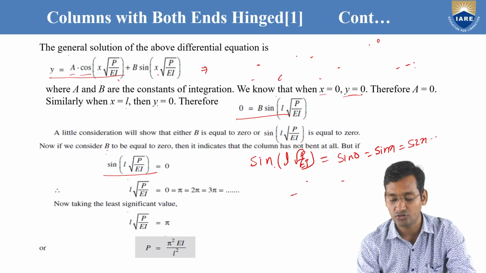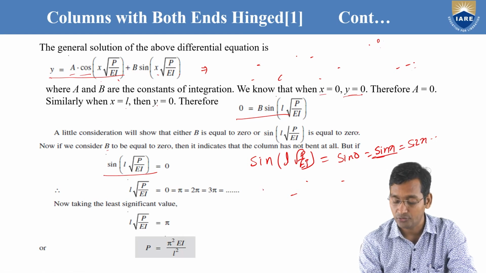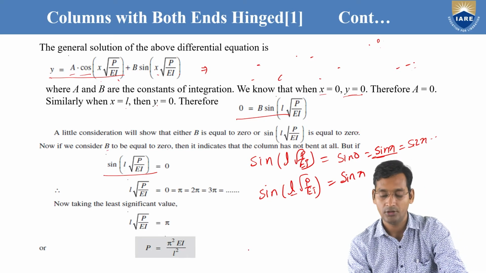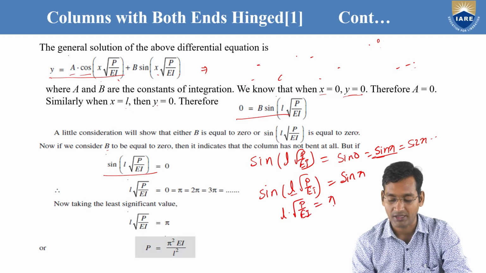Instead of taking 0, this whole thing will be 0, we will take this as sine pi. So we can write sine(L root P by EI) equals sine pi. So from both sides we can remove the sine. So from here we can write L into root P by EI equals pi.